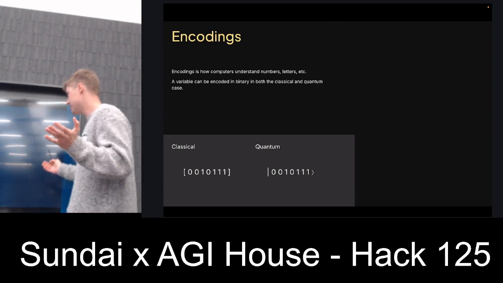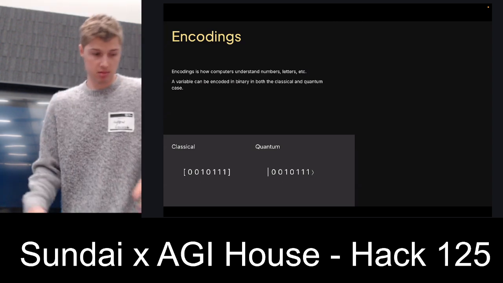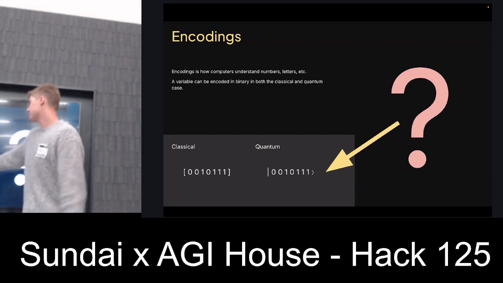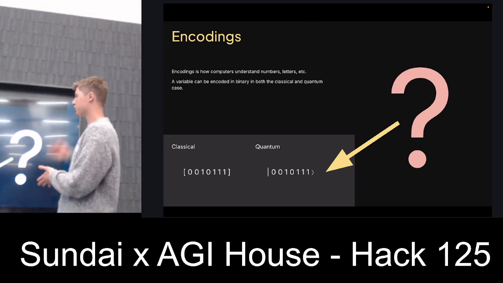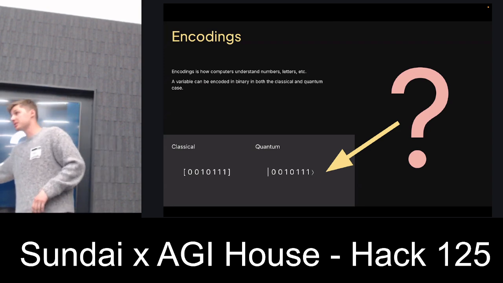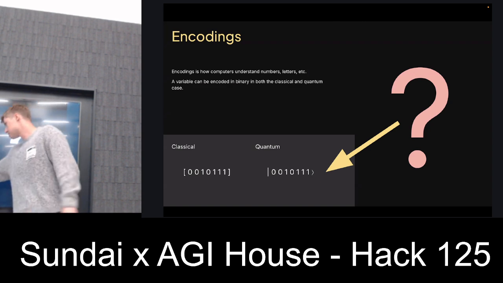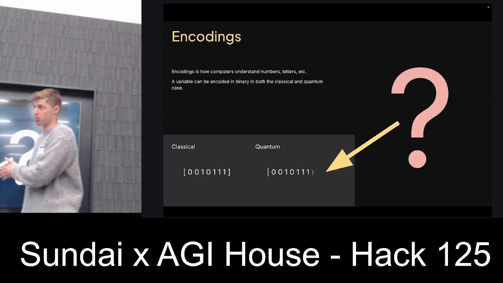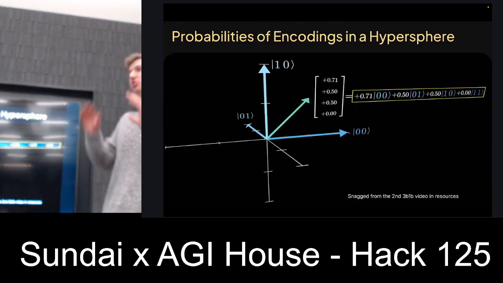The number 16, in this case, this is like 20-something. However, this is where our uncertainty comes in. We have this ket notation, and that just shows that we're working in quantum space, and this is a final state, not a vector, because this is one of our lovely basis states. It's all 0, 0, 1, 0, 0, 1, or whatever. So this is how we should think about it.